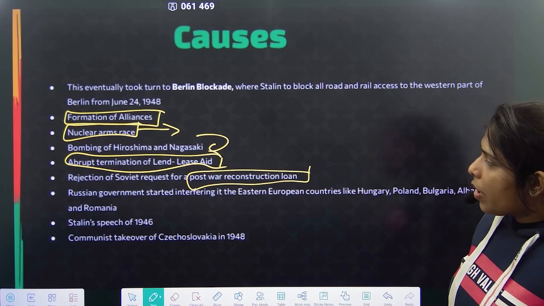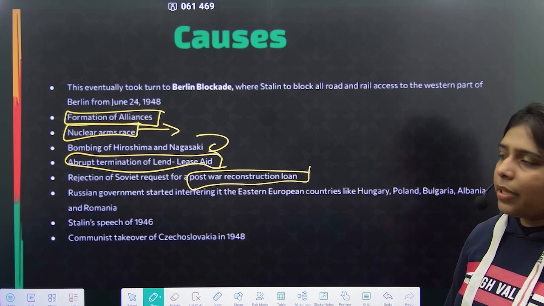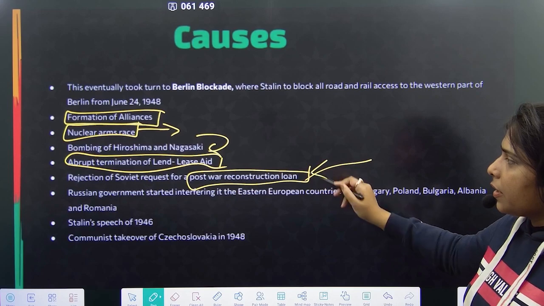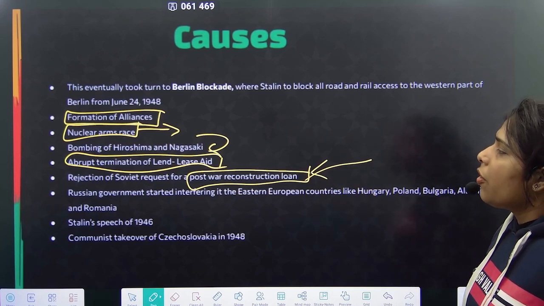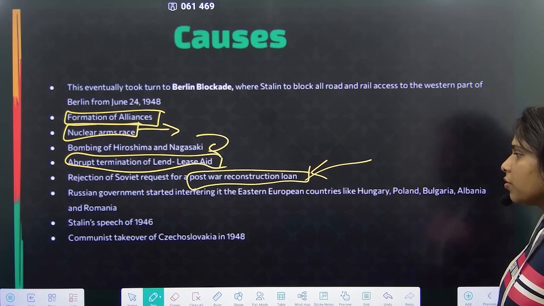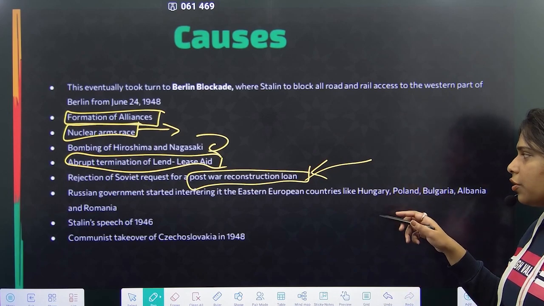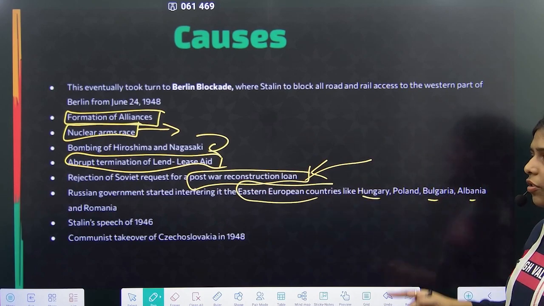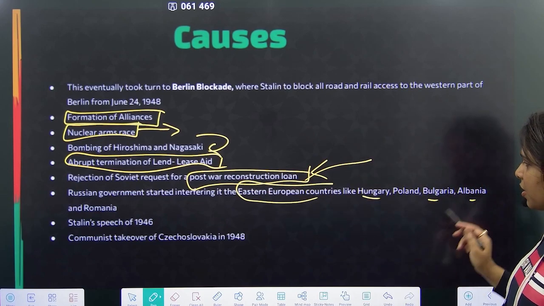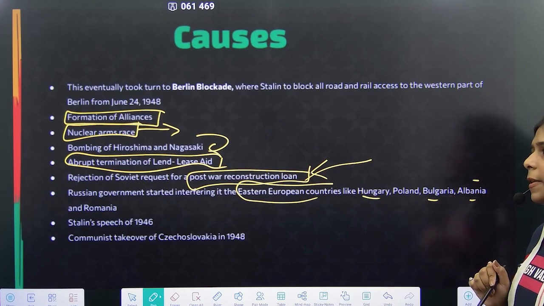So everybody wanted loan for the reconstruction, but Soviet was declined. Okay, Soviet's request was rejected. Okay, and we also saw that Russia or Soviet had started interfering in the Eastern European countries like Hungary, Poland, Bulgaria, Albania, and Romania, and simultaneously took control of all these things.